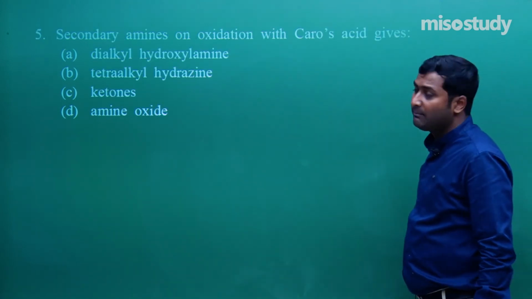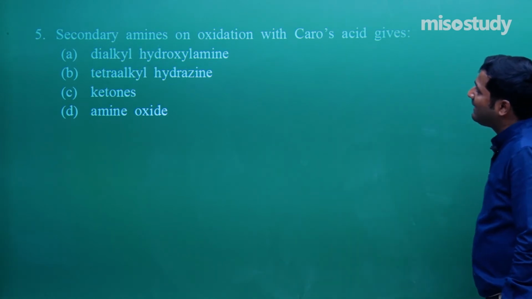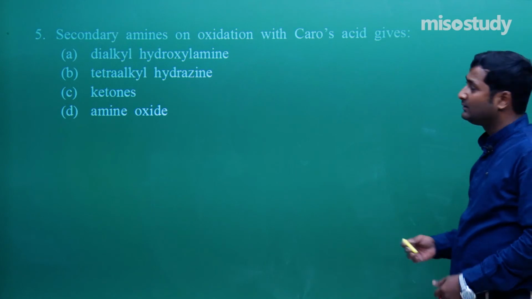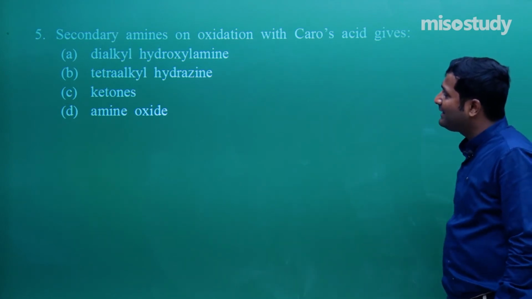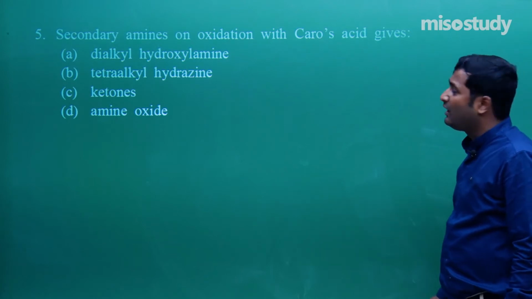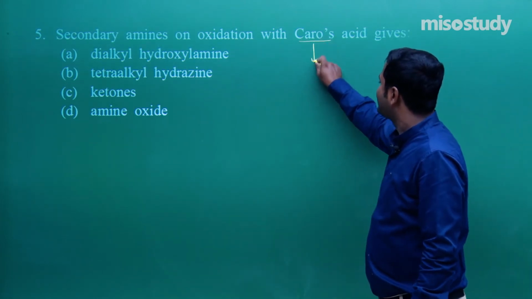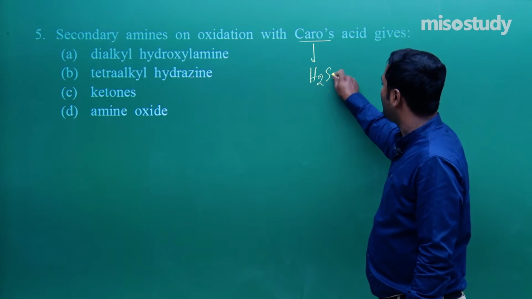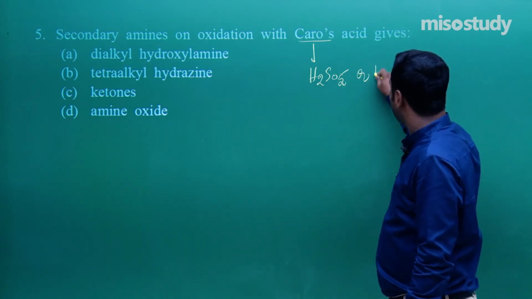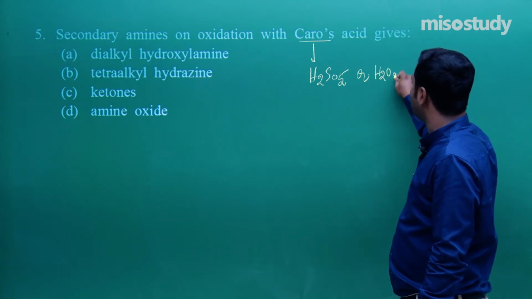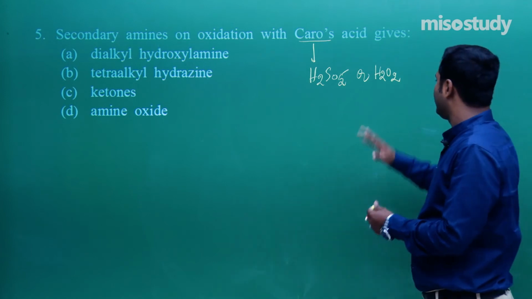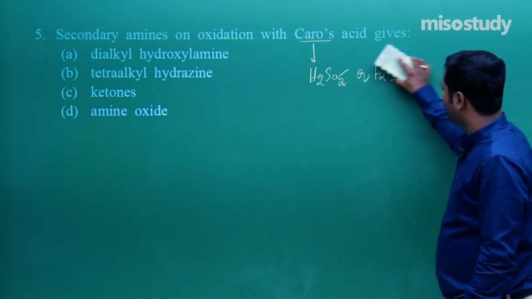Now question number 5. Secondary amines on oxidation with Caro's acid. What is given here? Secondary amine on oxidation with Caro's acid. What is Caro's acid? It is H2SO5. Clear? Sometimes you can also take H2O2, but here we do not need to consider H2O2.